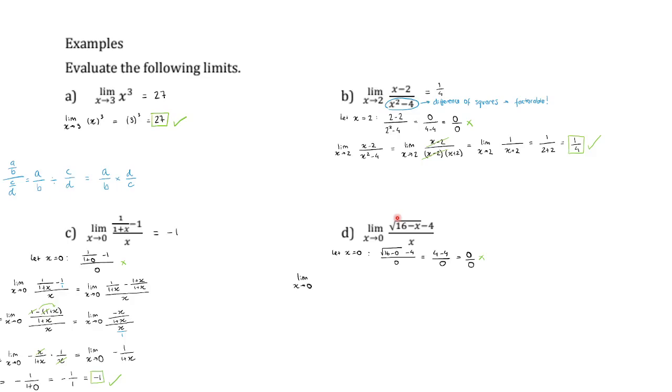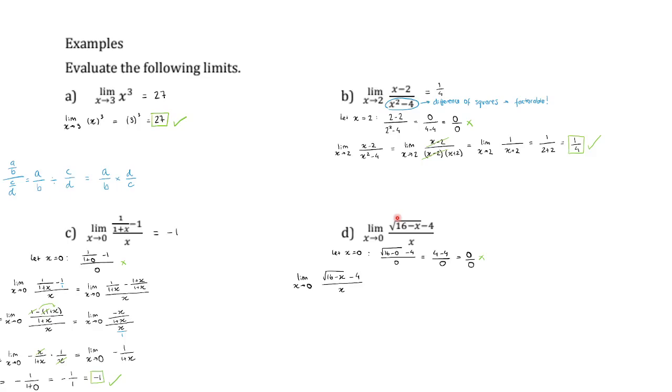We have the limit as x approaches 0 of the square root of 16 minus x, minus 4, all over x. Again, remember that in order to rationalize an expression, we want to use the conjugate.